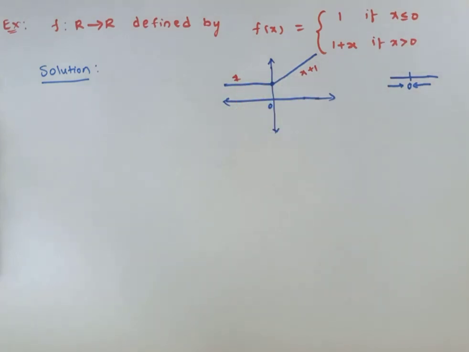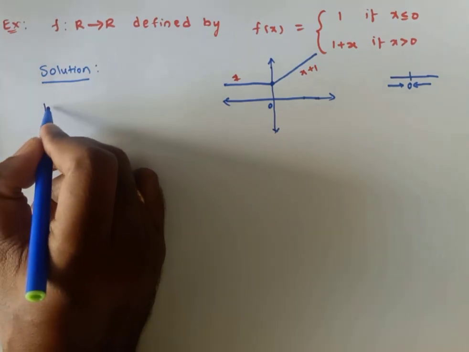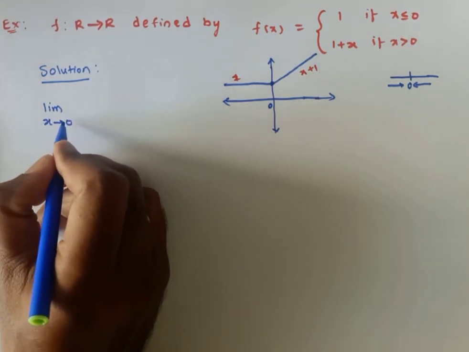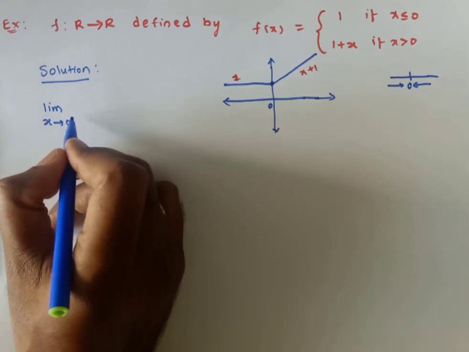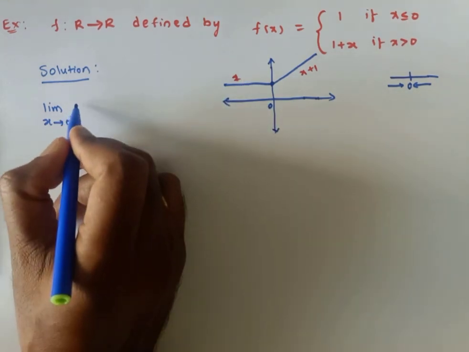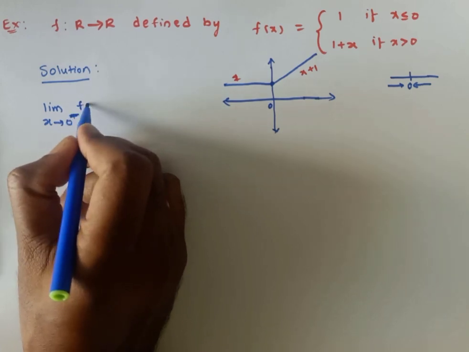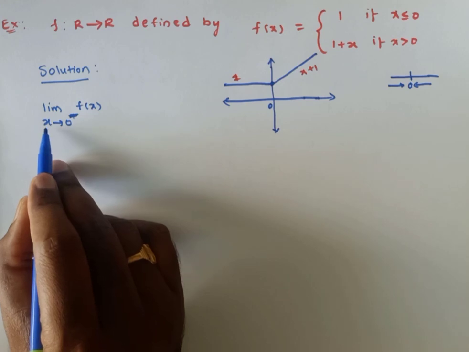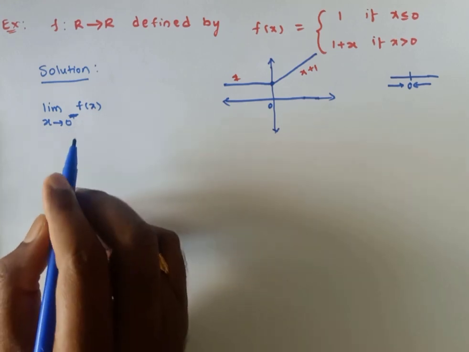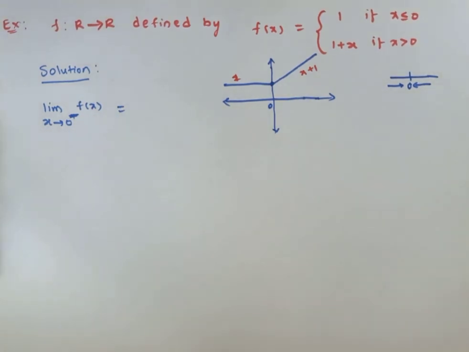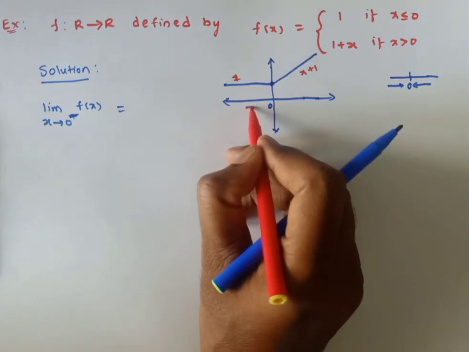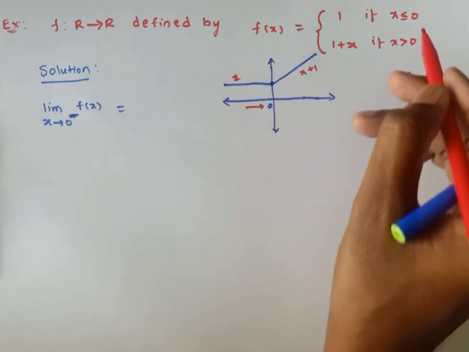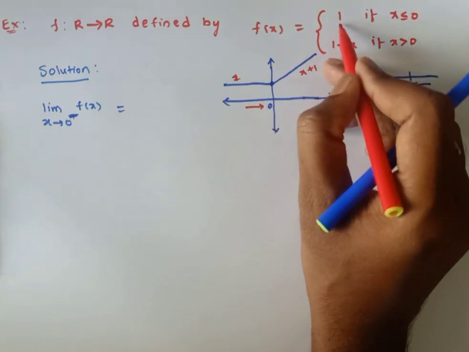Now here we need to find the left hand limit and right hand limit. Limit as x tends to 0 minus of f of x. Now x tends to 0 minus means x approaches 0 from the left hand side. Then what happens? See here in this graph you can observe, as x approaches 0, when x is negative, the function defined here is 1.